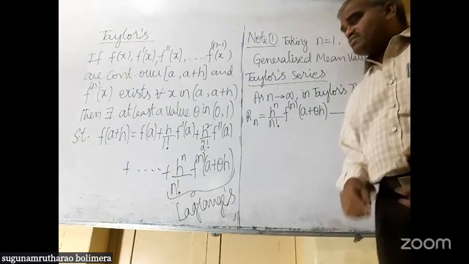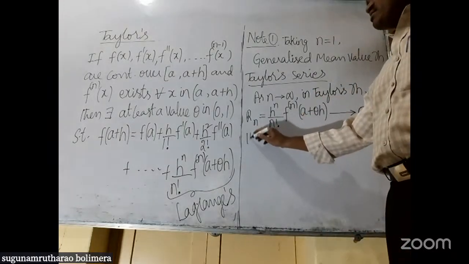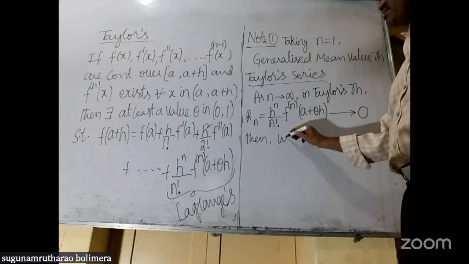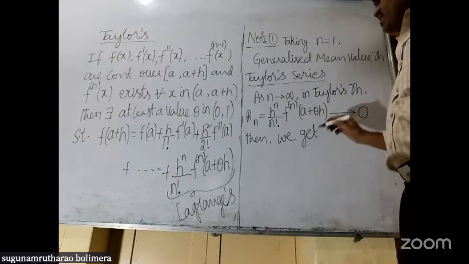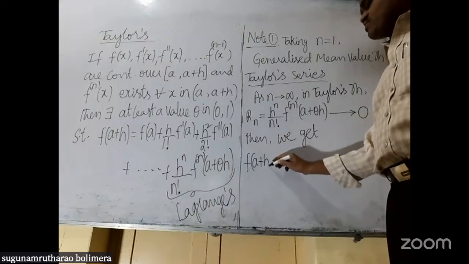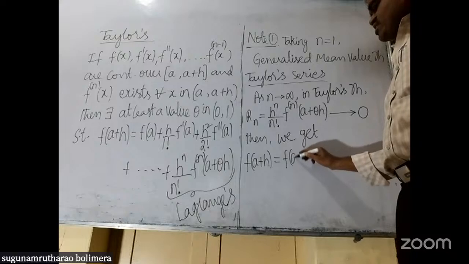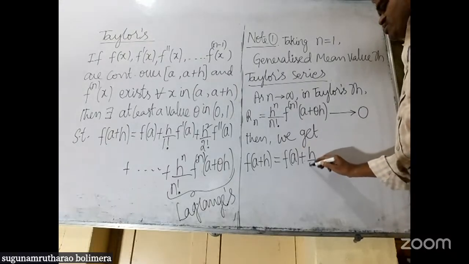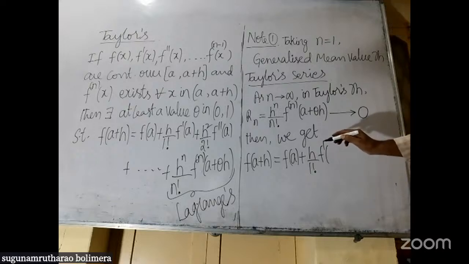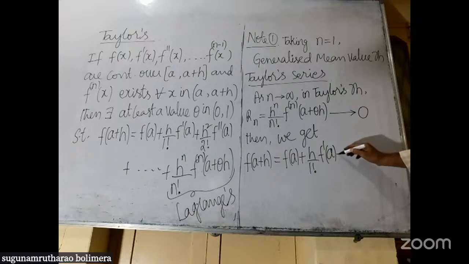So that's why what we are getting is f of a plus h equals f of a plus h by 1 factorial f dash of a plus h squared by 2 factorial f double dash of a plus so on.